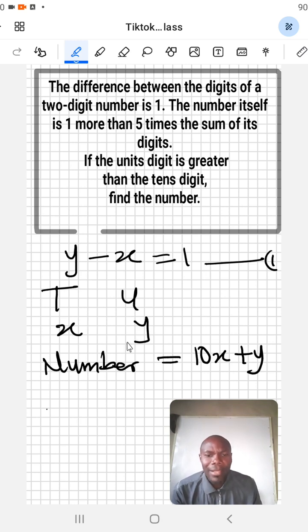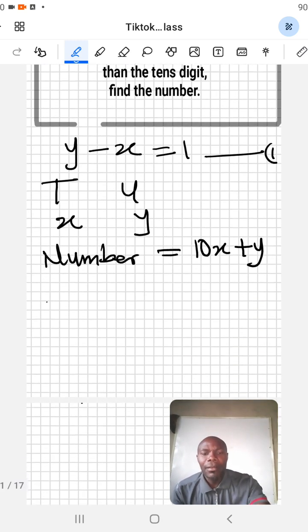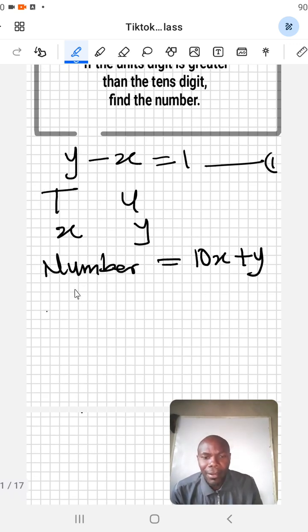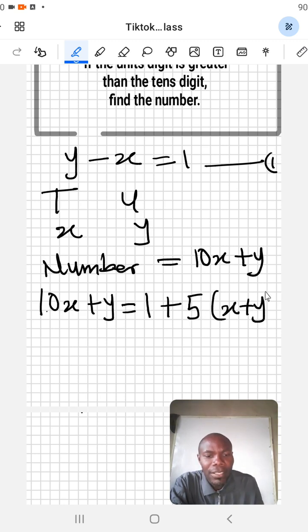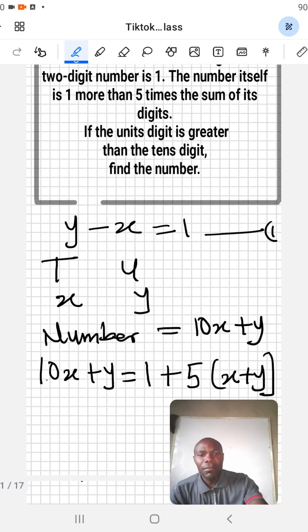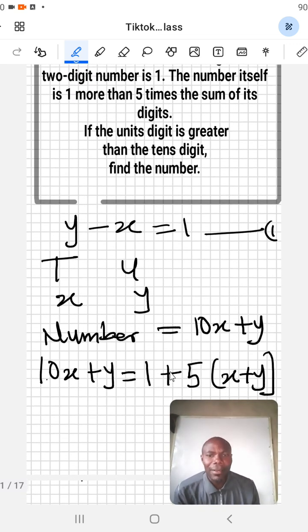So the number itself, 10x plus y, is 1 more than, and in maths, more than means plus, 5 times the sum of its digits.